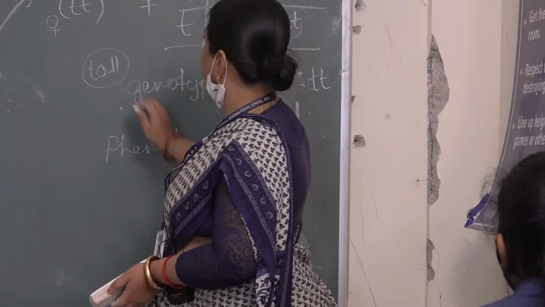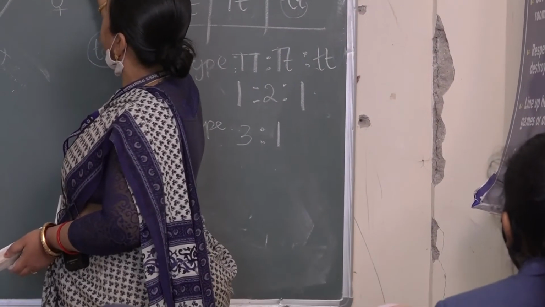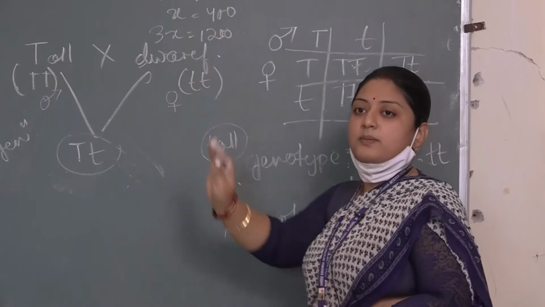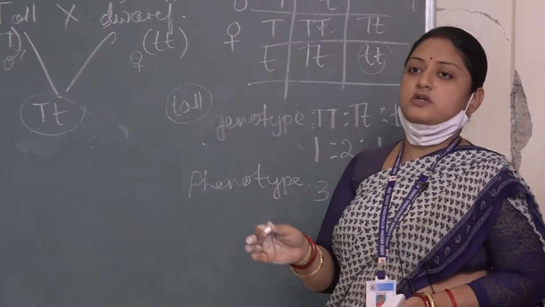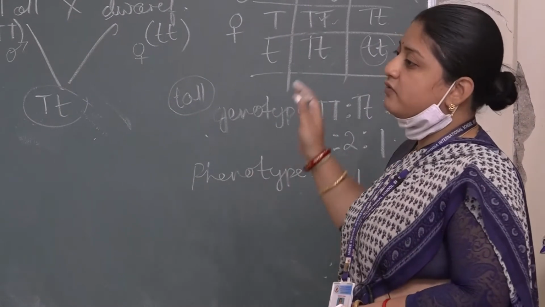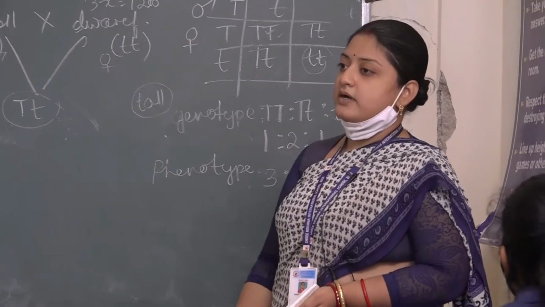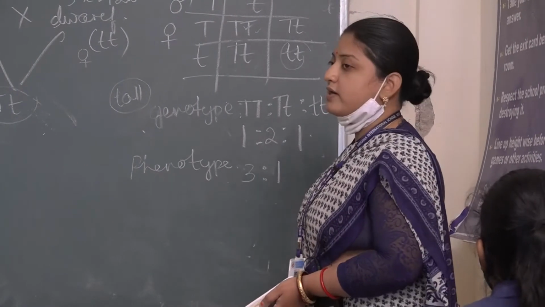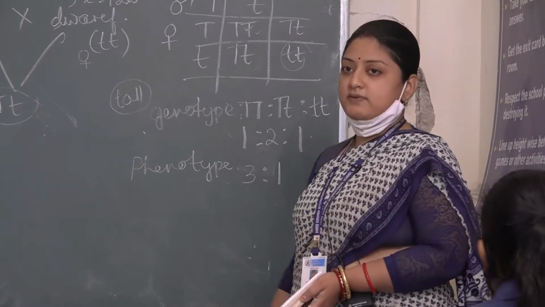So you have to calculate 3x equals 1200. So out of 1600 plants in the F1 generation in a monohybrid cross, we will get 1200 tall plants and the remaining 400 dwarf plants will be obtained.